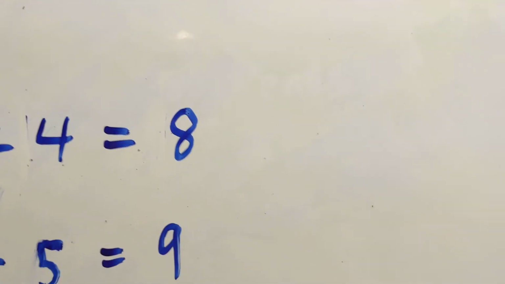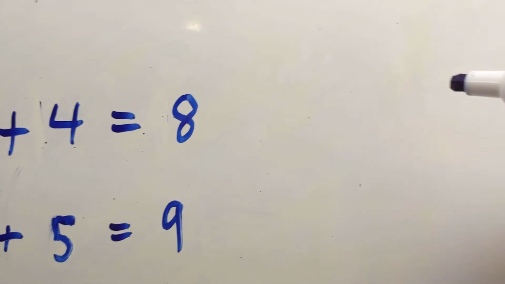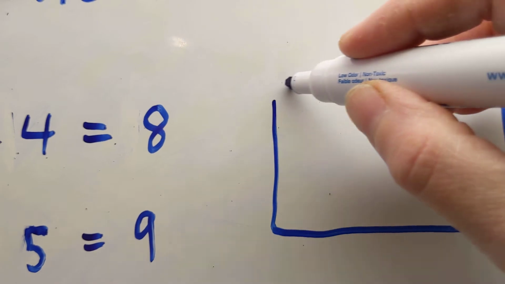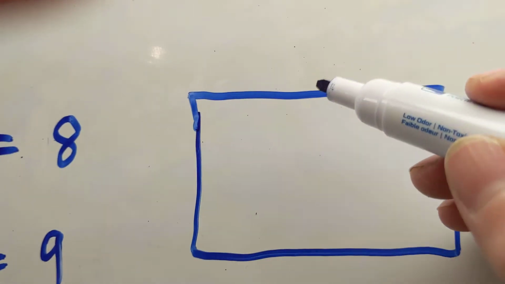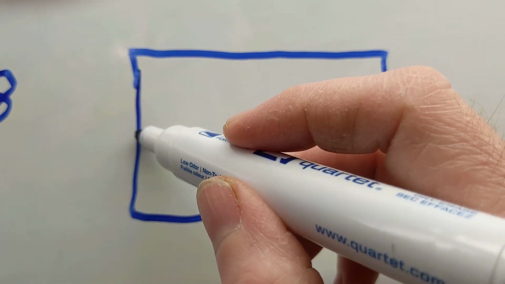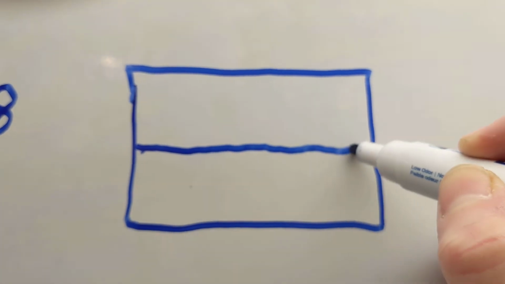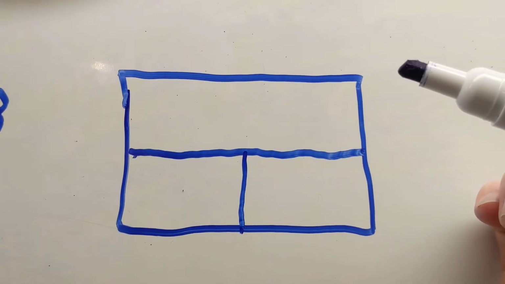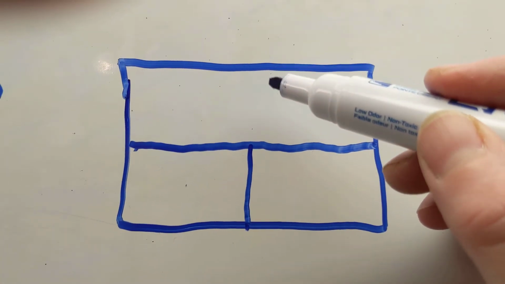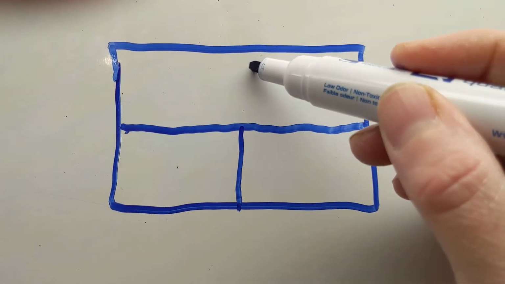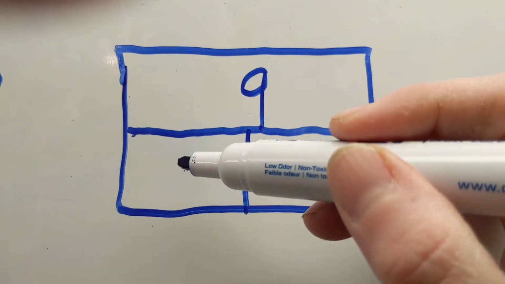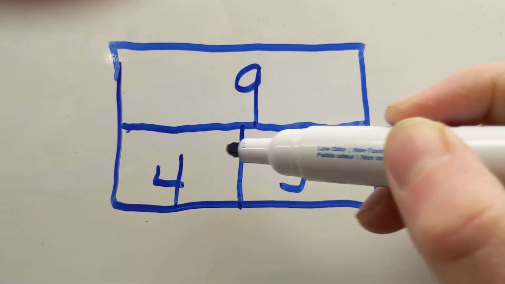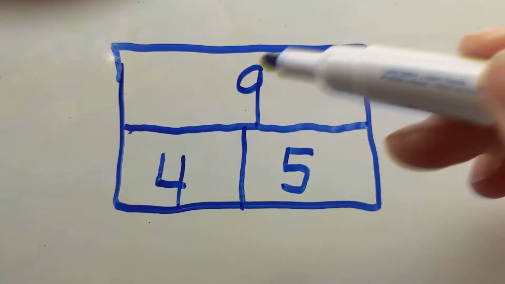Another thing that can help in this is if students have developed the sense of, now this is another little tool, this is not a strategy, but this is a tool, what we call part-whole. It's a way of conceptualizing addition and subtraction where, if this is 9, this is the whole, then 4 and 5 are parts of that, right?